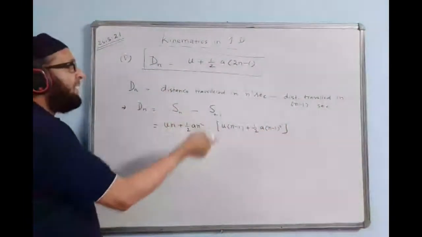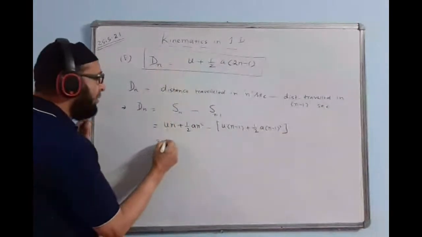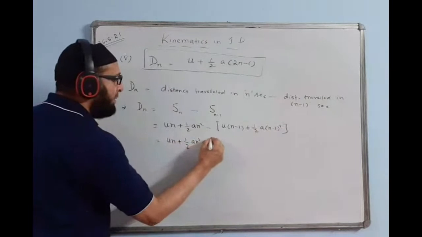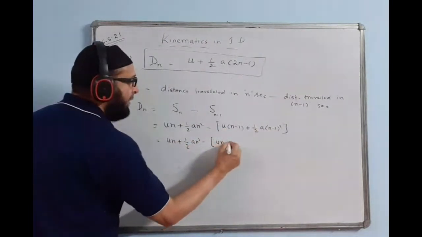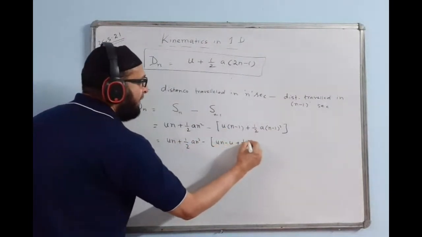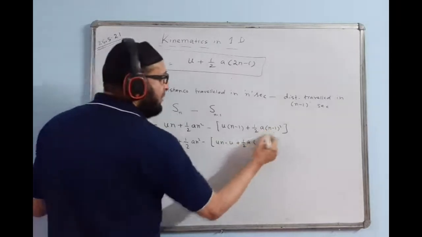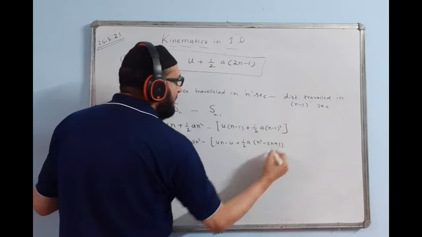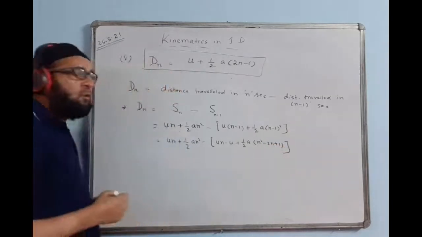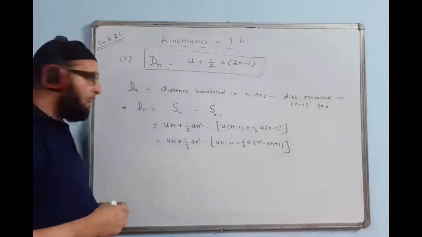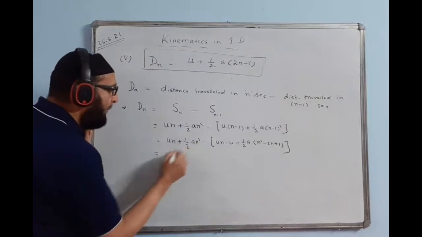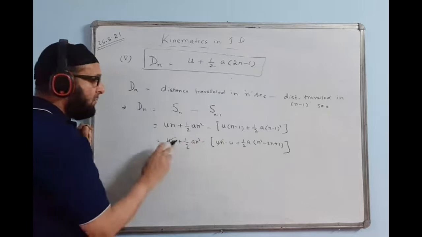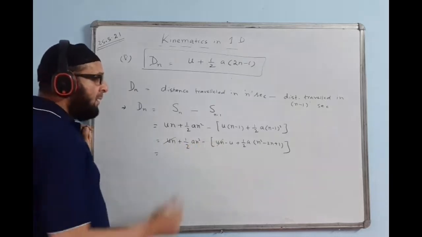Now I will be simplifying and I will get this answer. Let us see how we can get this answer. Un plus half an square minus, I'll open bracket here, you get un minus u, half a I'll keep as it is, I'll expand this one out: a square minus 2ab, the a minus b whole square formula, I'm expanding it. Now I'll open the bracket here. Once you open the bracket, un and this un get cancelled because un minus un will cancel.